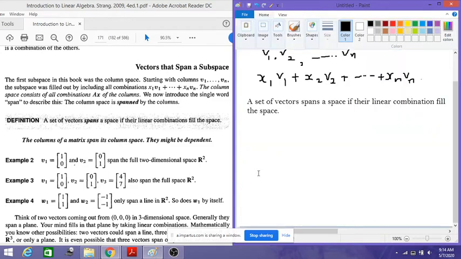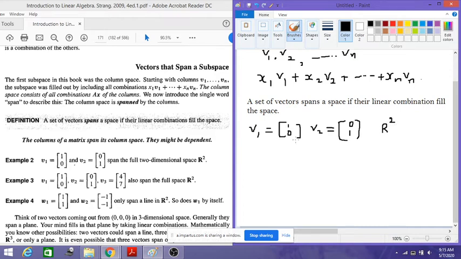So if we talk about these kinds of examples here, in the first example we have vector v1 which is (1, 0), and another vector v2 which is (0, 1). These are independent vectors, so that spans. If you put this in a matrix, it is a 2 cross 2 matrix, and the dimension is R square.